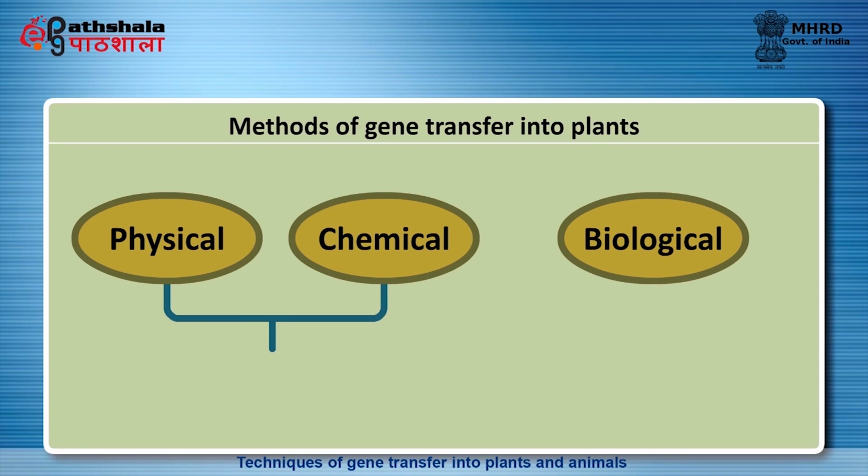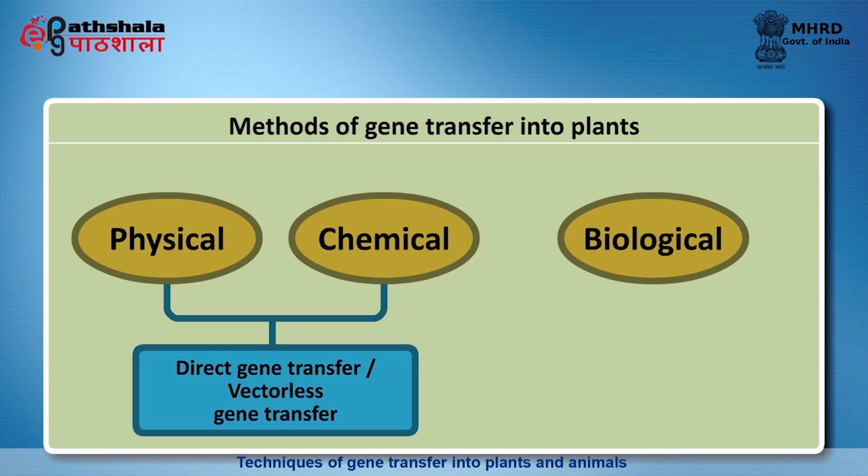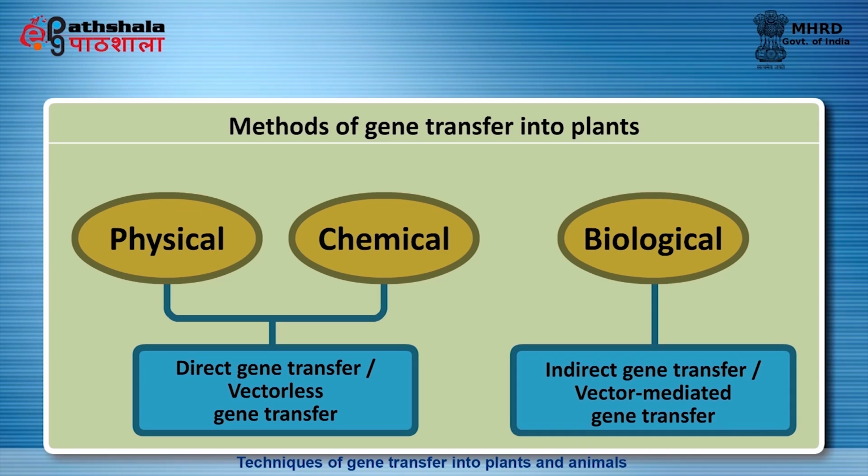The physical and chemical methods of gene transfer are also collectively referred to as vectorless gene transfer or direct gene transfer. The biological methods of gene transfer constitute the vector mediated gene transfer or indirect gene transfer.